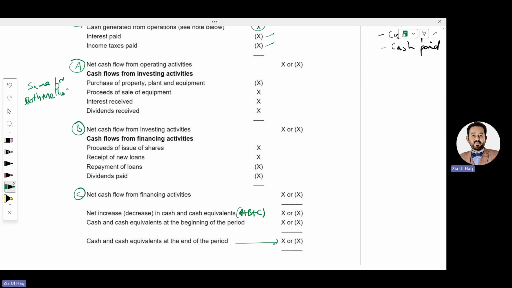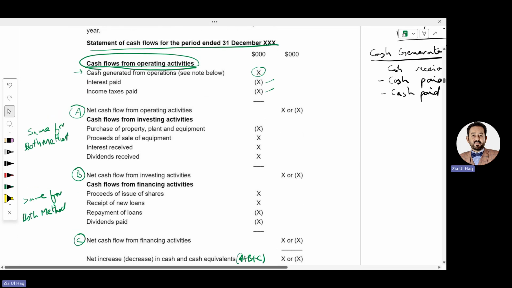Only the calculation of cash flow from operating activities will be different under direct and indirect method. So under the direct method, how to calculate cash flow from operating activities? Cash from operations, less interest paid, less tax paid.